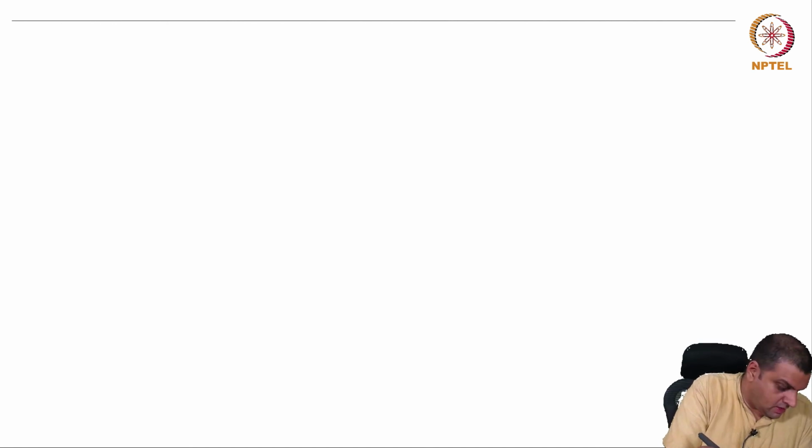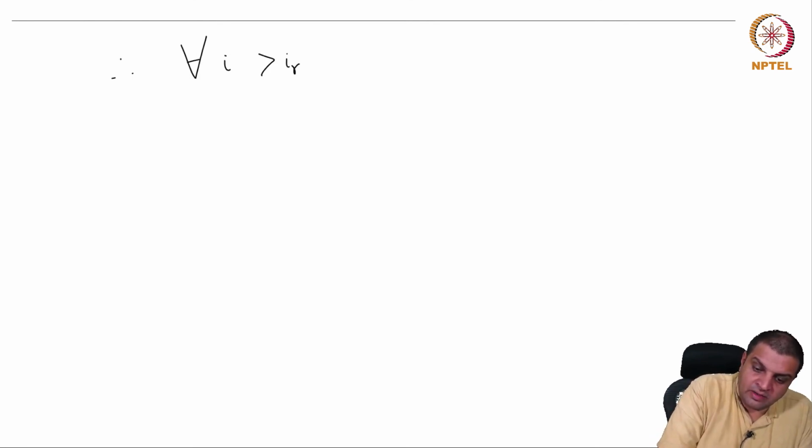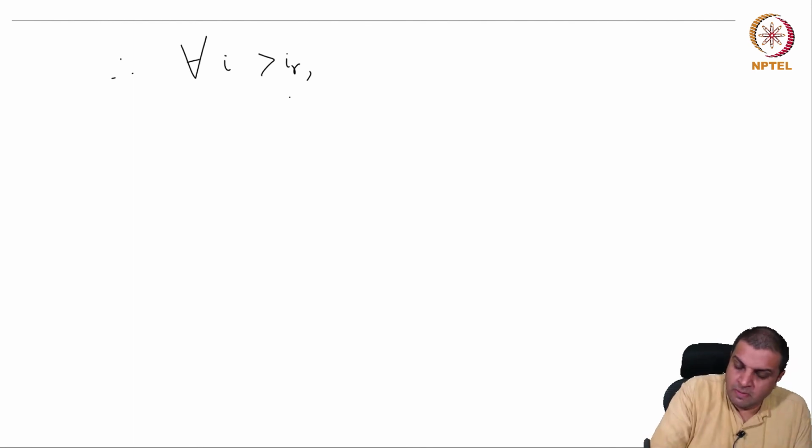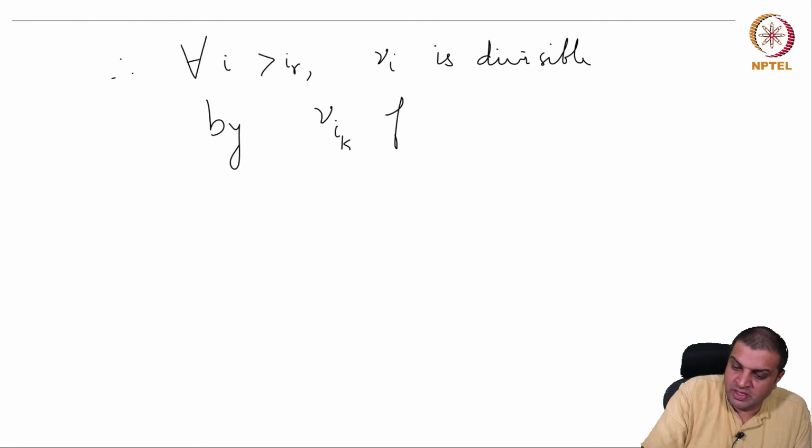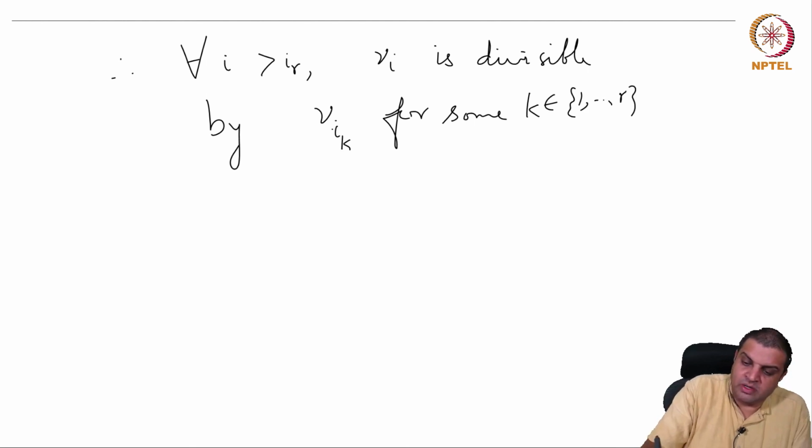So what does that mean? Therefore, for all i greater than ir, nu i is divisible by nu ik for some k, where the minimal elements are nu i1 up to nu ir.